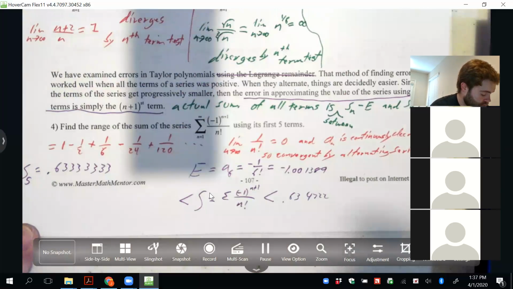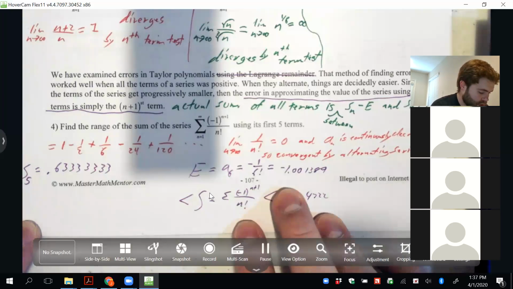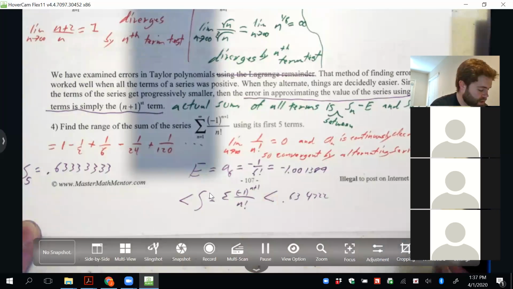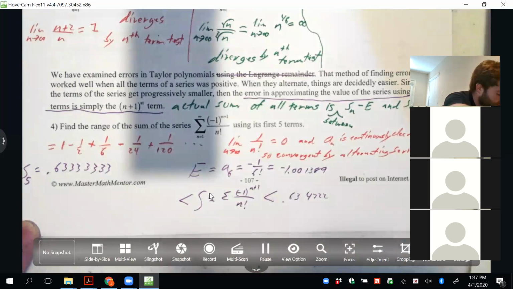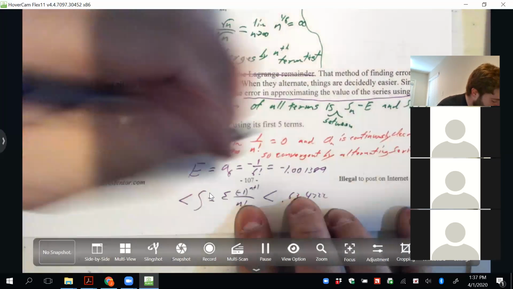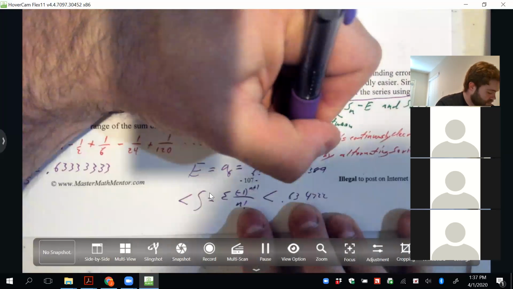Yeah, that's what I had. Negative 0.00138. So just not the 1? Just not the 1. Oh, I just read my calculator wrong. Oops. Yeah, you're right. This should not be a 1 there.